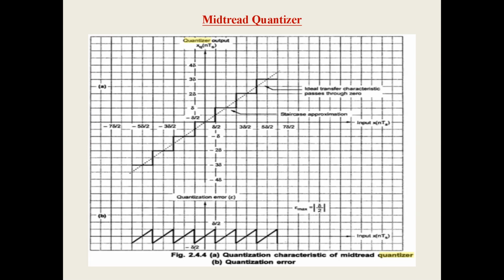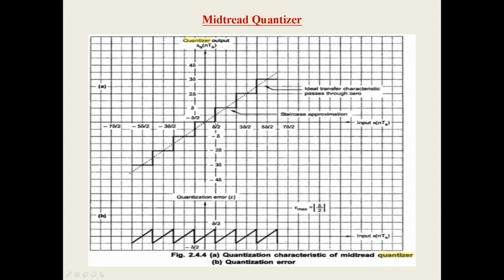Below minus delta by 2 there is no output value, and exactly at minus delta by 2 we get the quantizer output, minus delta, on the y-axis. With this concept, you can understand the output of the mid-tread quantizer.